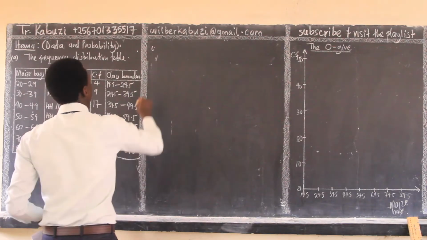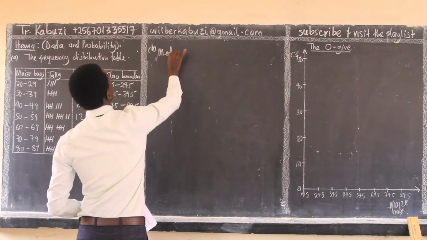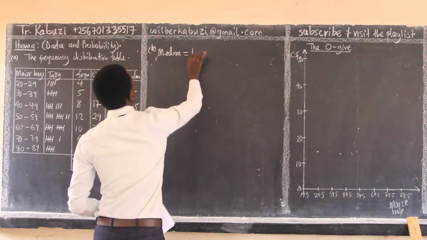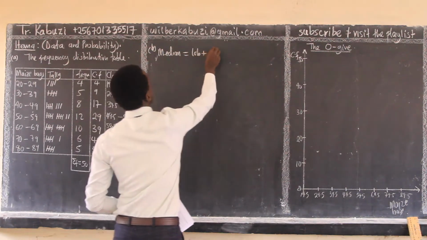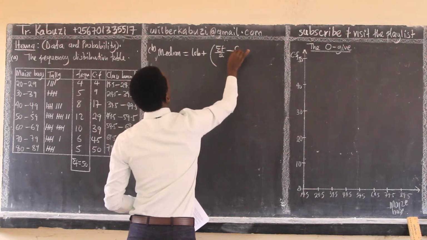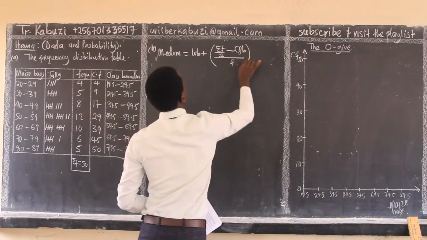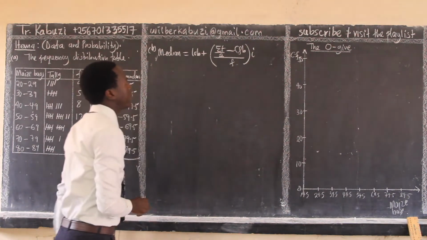So this was part A. Then part B, you can use our median if you use the calculation part. The lower class boundary plus summation F over 2 minus cumulative frequency before, over the frequency, times the class interval.